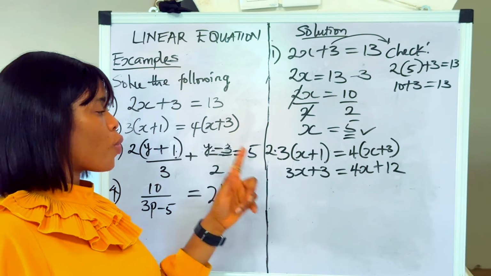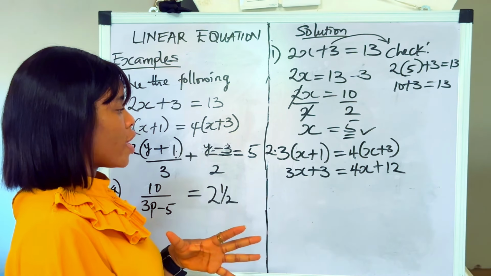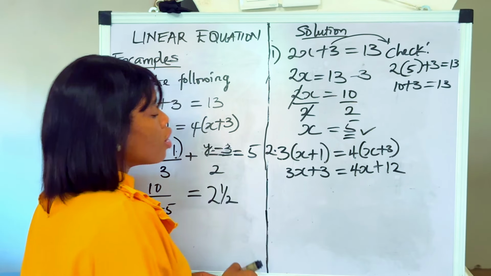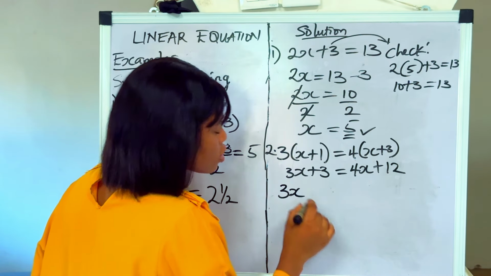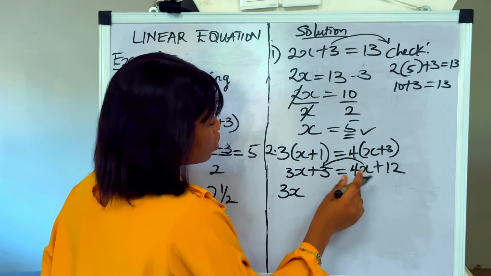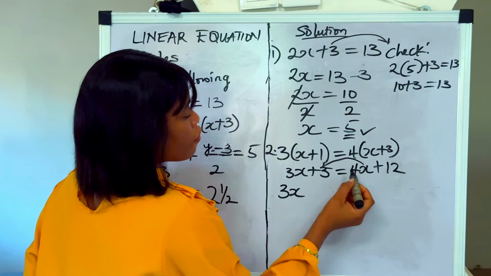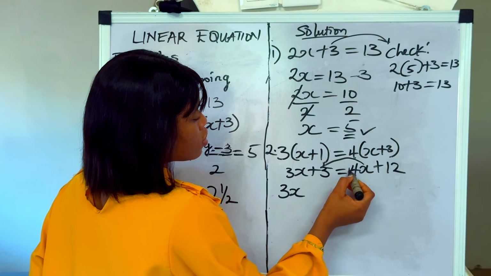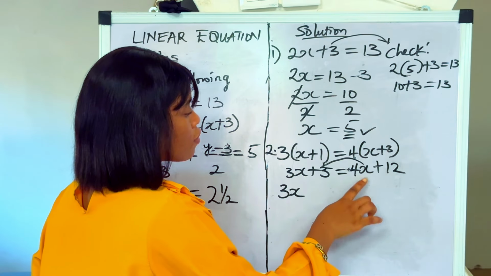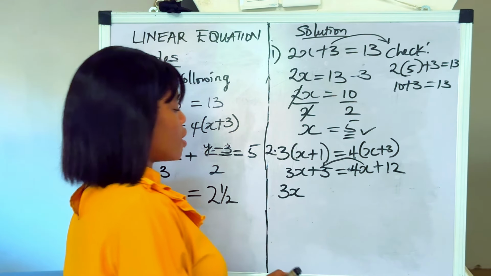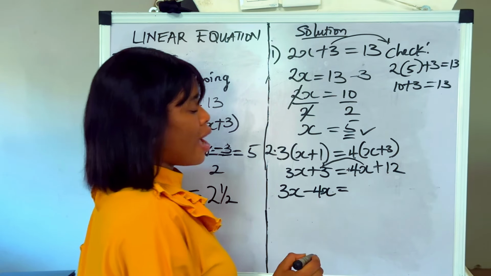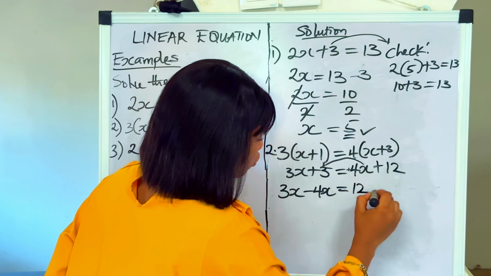We're solving for x, so we have to collect like terms. Those with x, put them together. Those without x, put them together. So we have 3x. Now we are moving 4x over to this side. 4x has an invisible positive sign. So when positive 4x crosses the equality sign, it becomes minus 4x equals, and then we are left with 12.